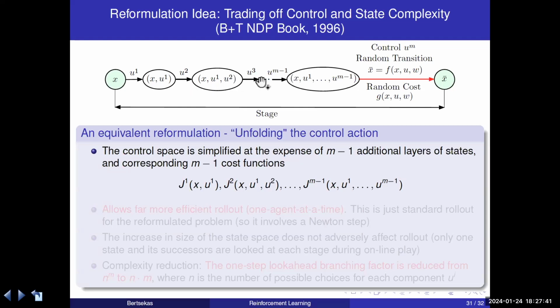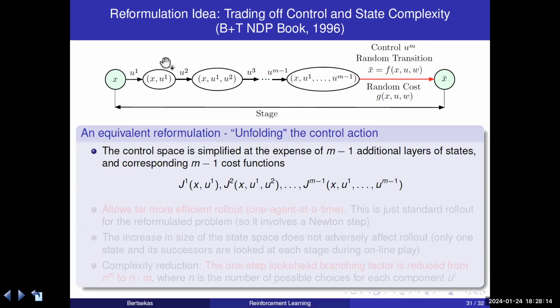At every stage, we're going to make one decision up to the last choice, where the state is the current X and also all the controls that have been chosen up to this time. And we choose the last control, completing the choice of U, in making this transition and incurring this cost. So it's one step at a time. And in this way, the control space has been simplified tremendously.